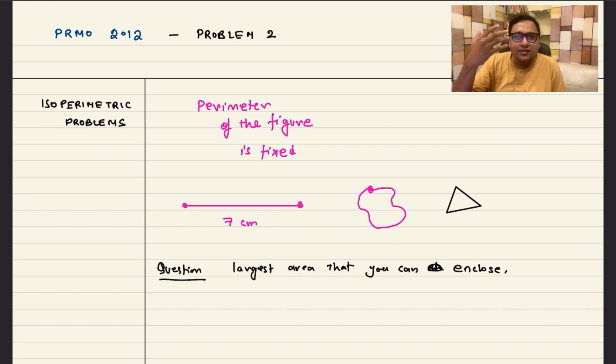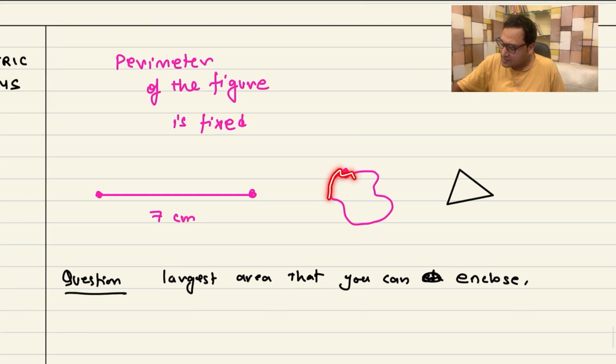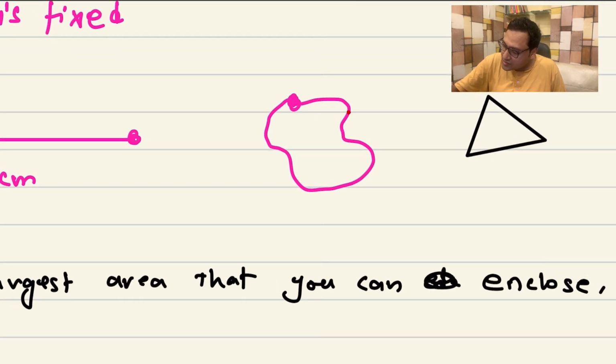Because if it's not symmetric, suppose it's something like this, let's say, why something like this cannot be the area maximizing thing? Because then you can sort of stretch it. You can, let me draw that in red. You can stretch the same picture and put in more area. Your job is to make more area.